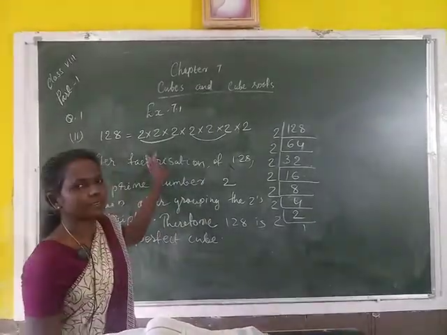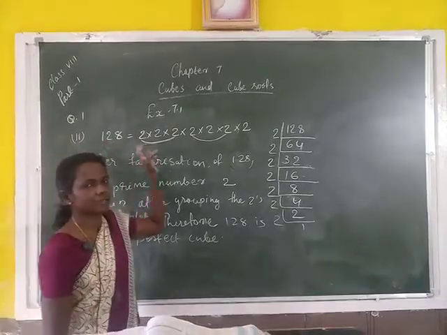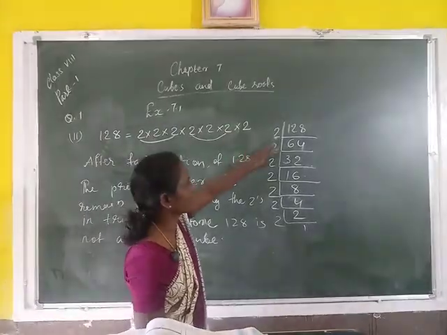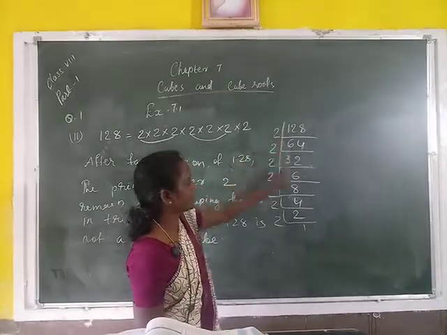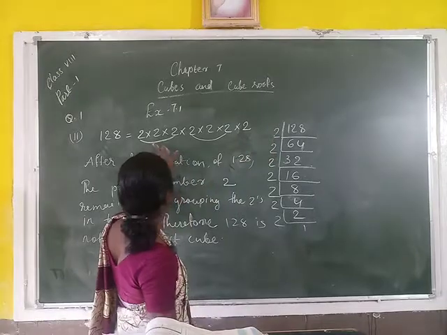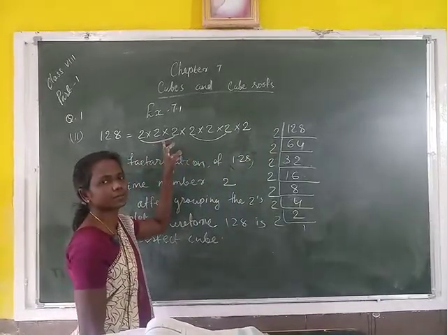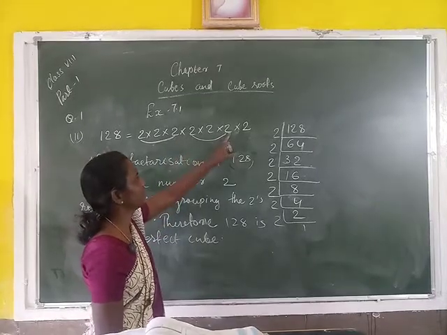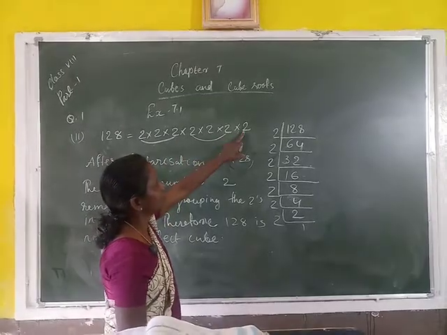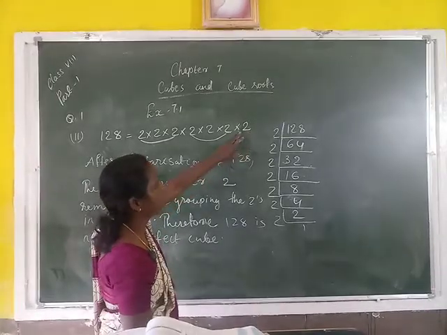Then what is its first step? The given number, first we factorize by prime numbers. Then after factorization we make groups of 3 for each factor. Then we look here, 2 does not appear in a group of 3.